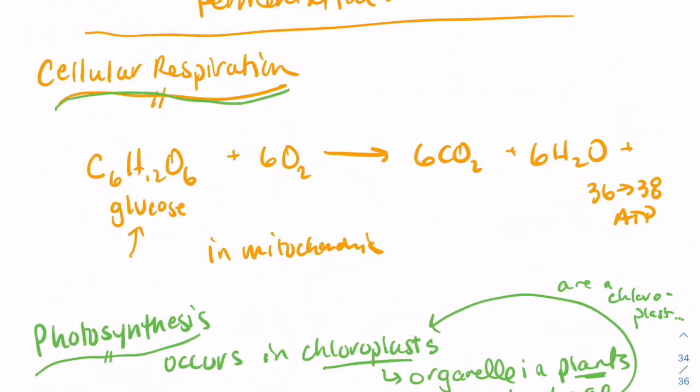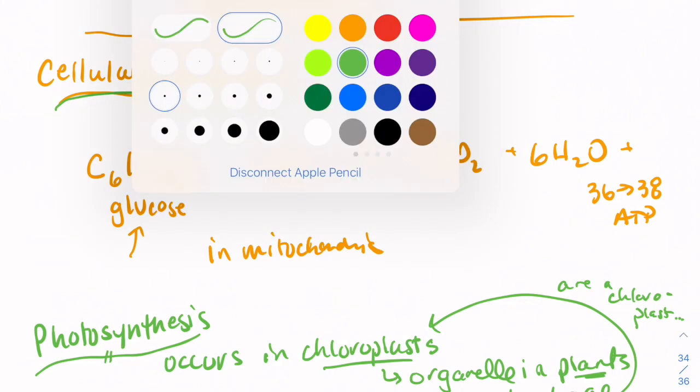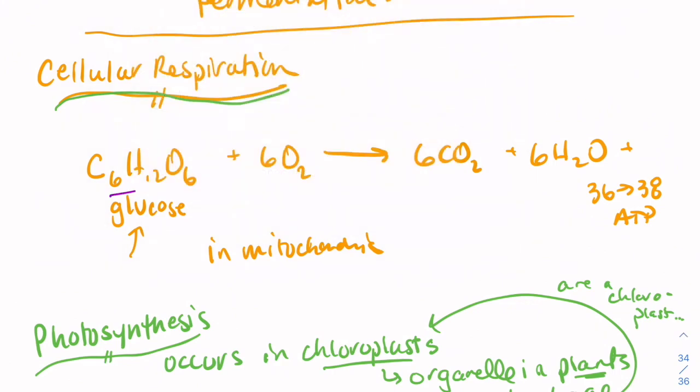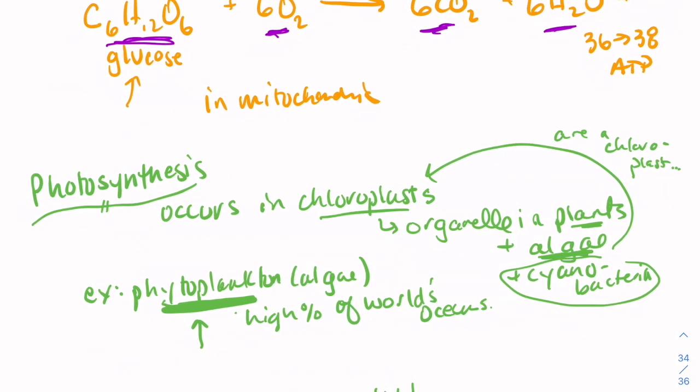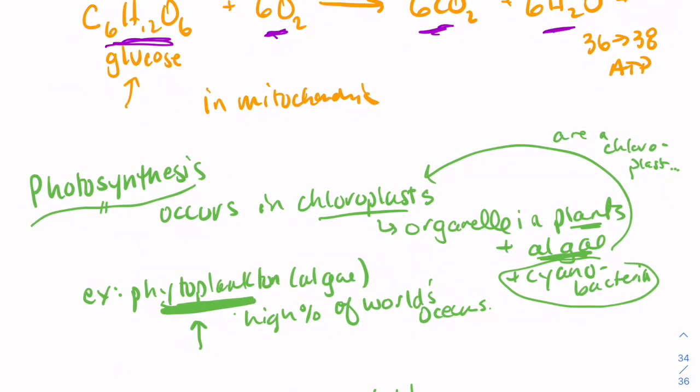Cellular respiration takes 1 glucose molecule, combines it with oxygen, and produces 6 CO2 and 6 H2O molecules, whereas plants take 6 CO2 molecules and 6 water molecules and make a glucose molecule and spit out a bunch of oxygen. Do these look familiar?